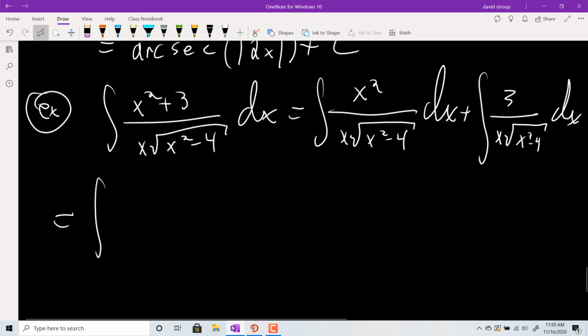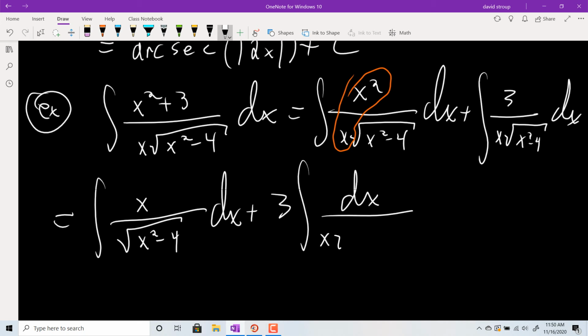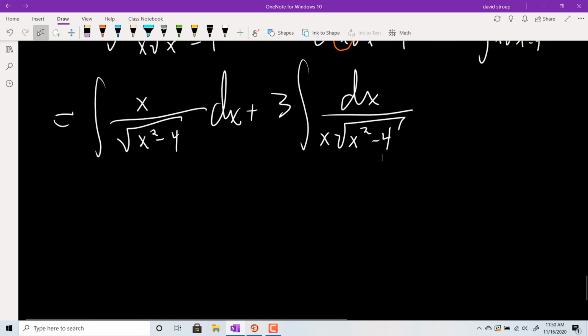Okay, so note that first integral, we have an x squared over x, which can be simplified into just x over the square root of x squared minus 4 dx. And the second guy, you factor a 3, and then you have dx all over x times the square root of x squared minus 4. So yeah, that guy's an arcsecant.